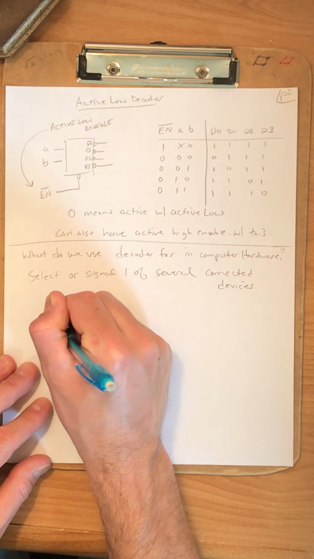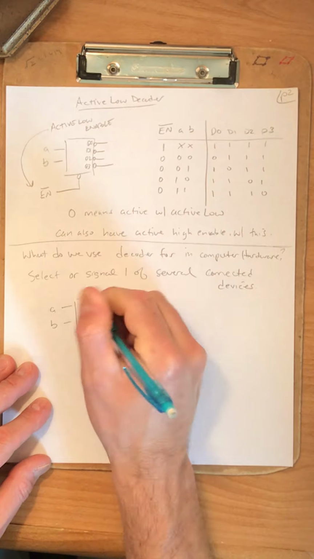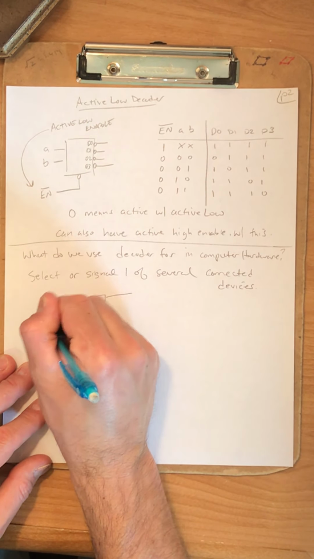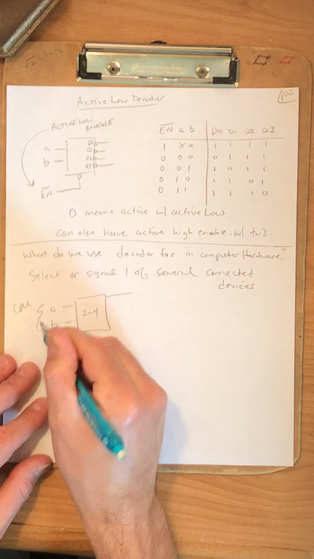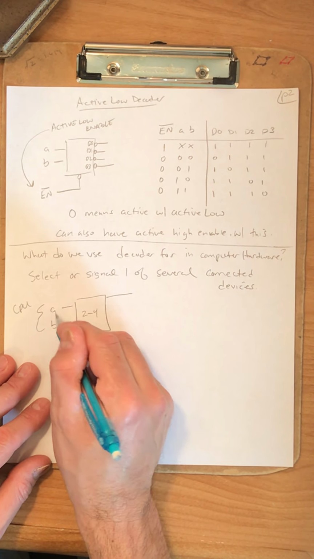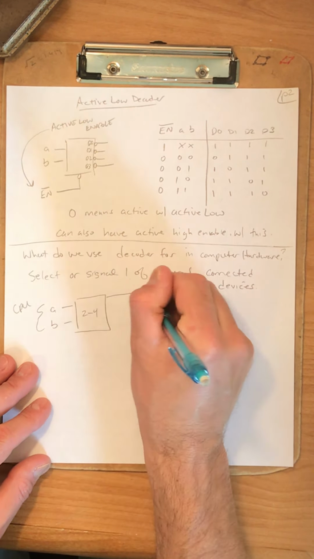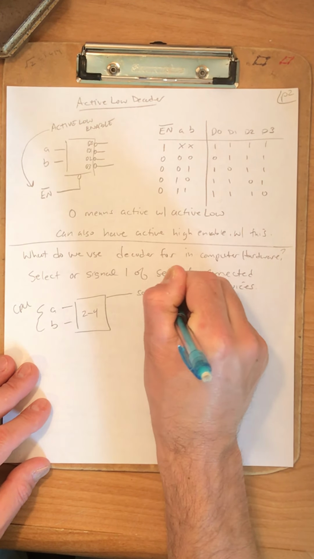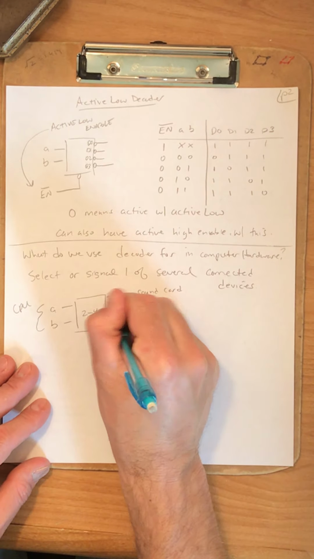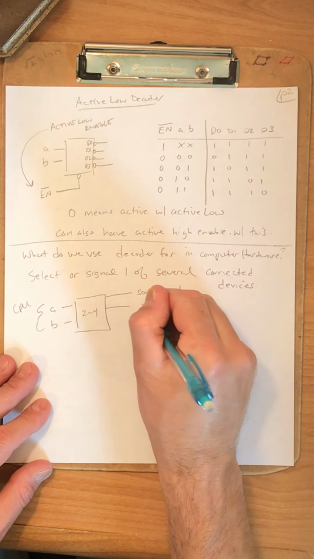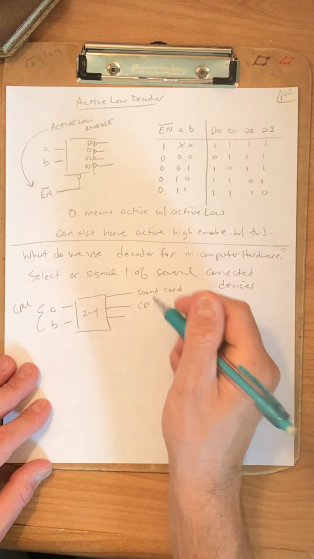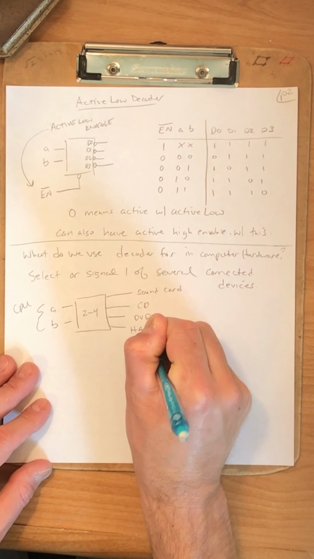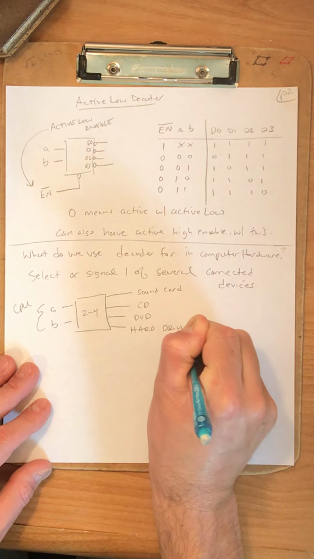So something like this. The CPU will set these depending on what it wants to signal. And here you might have the sound card needs to get a signal. Here you might have a CD, DVD, hard drive.